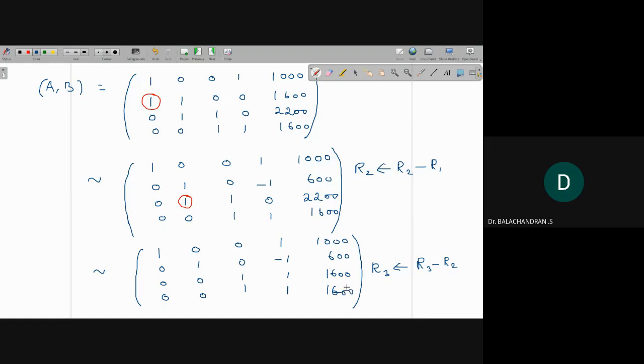Okay. Now next I want to make this element 0. So in place of R4, R4 minus R3.